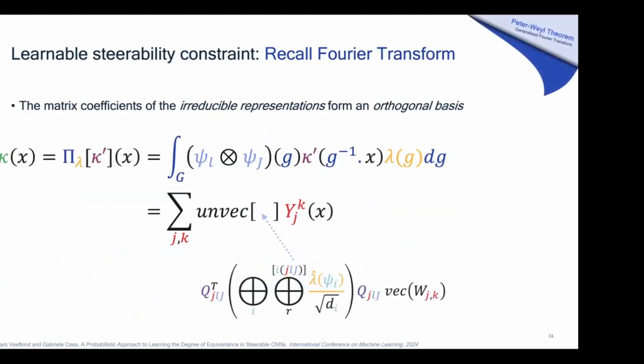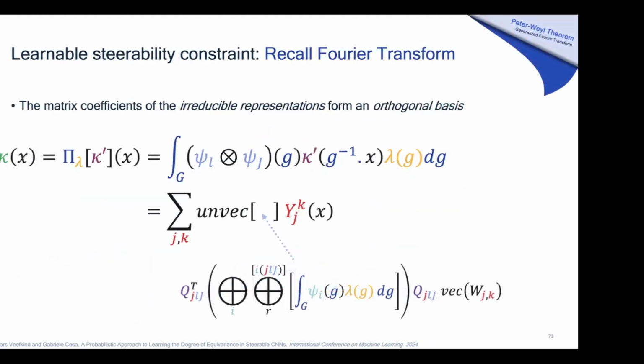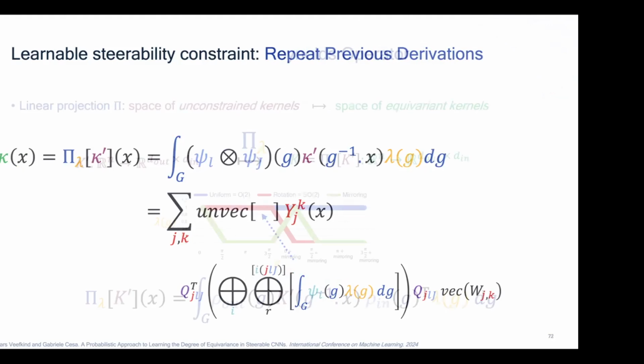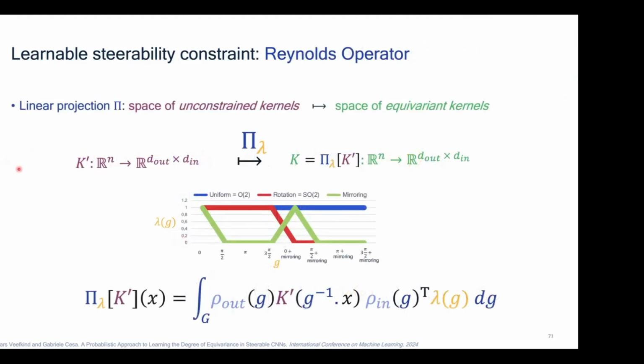I think the overall idea is nice and can be generalized further. What we do is we have a space of linear maps, and then we have a projection operator onto the space of equivariant maps, and this projection operator is parameterized by this lambda function. If rather than a convolution you have an MLP with a linear layer, you can do exactly the same.